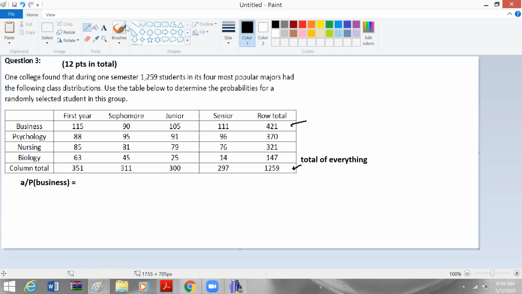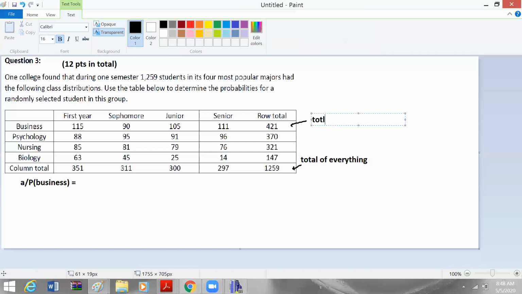Remember that you cannot take 115 over 1259. This 115 is just the number of people who major in business for the first year, the freshmen. So we need to consider all of them: freshman, sophomore, junior, and senior. So the total for that is 421. This is the total of all business majors.